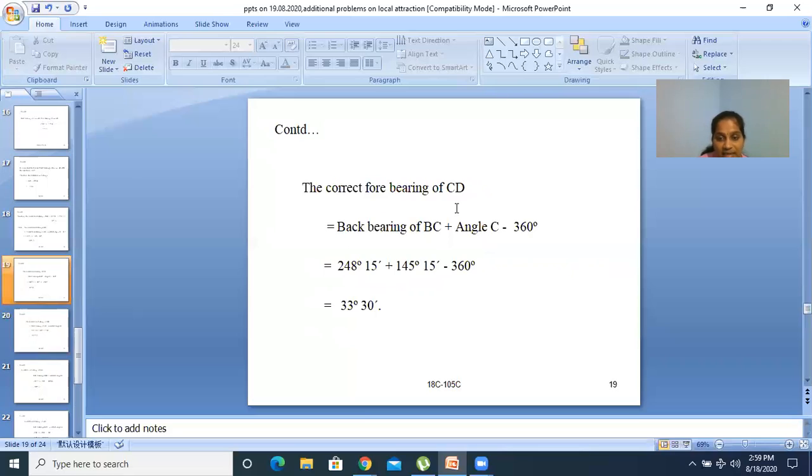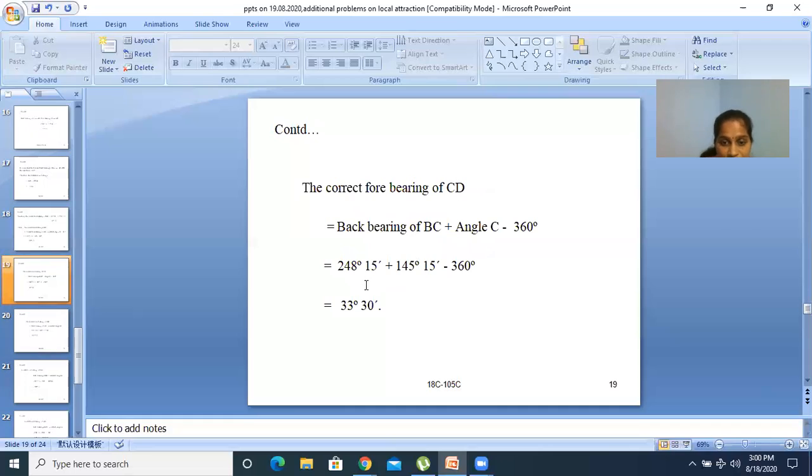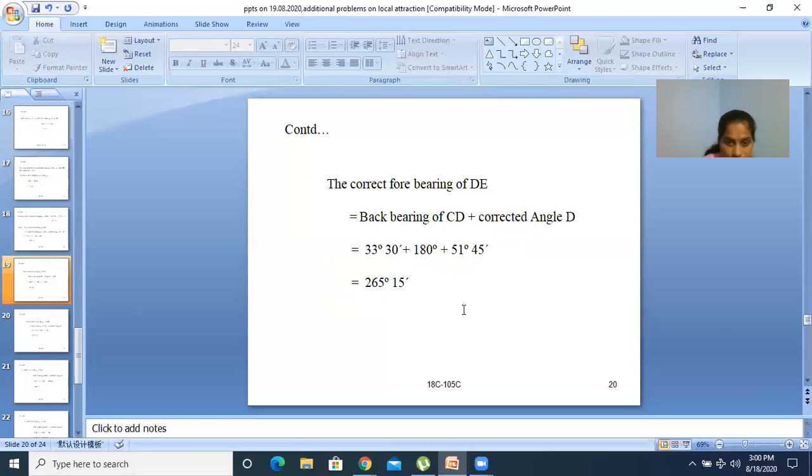This 33 degrees 30 minutes is less than 180, so the back bearing of CD line is the forebearing of CD line plus 180, plus angle at D. So that is 51 degrees 45 minutes. You may get confused here. Then the correct forebearing of DE line is 265 degrees 15 minutes.